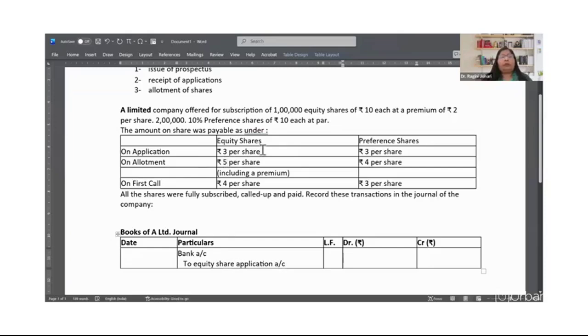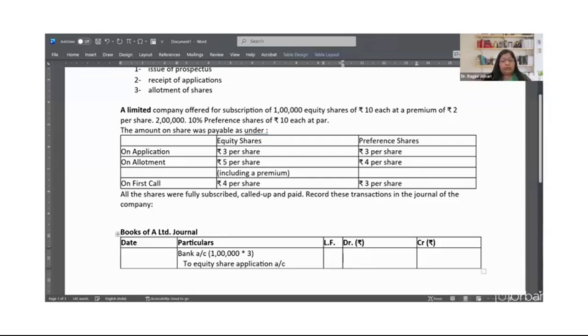These are equity shares, and the total number of equity shares subscribed for is 1 lakh. So the application money received would be 1 lakh shares multiplied by 3.